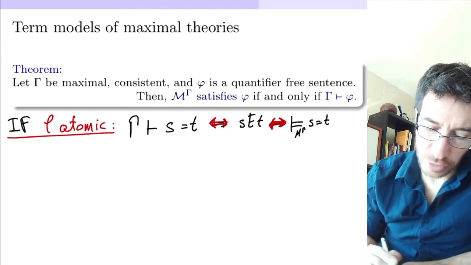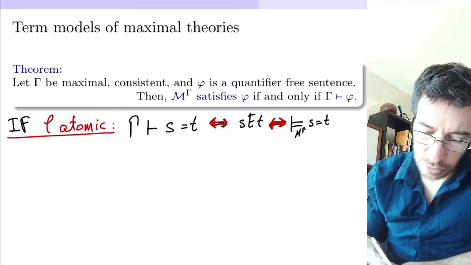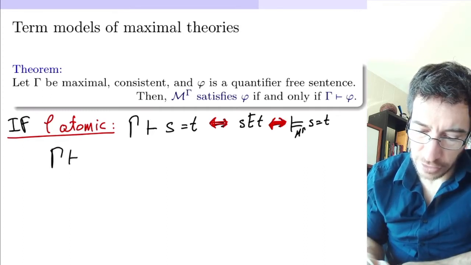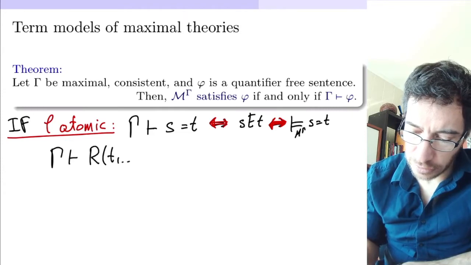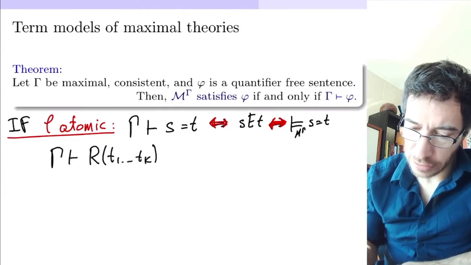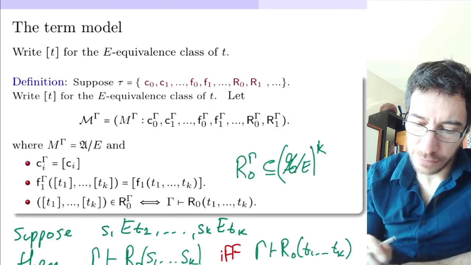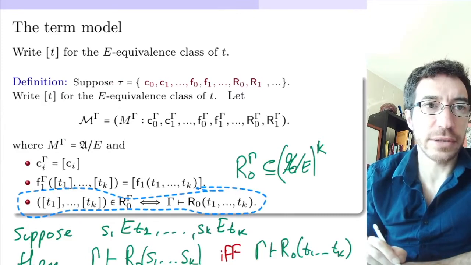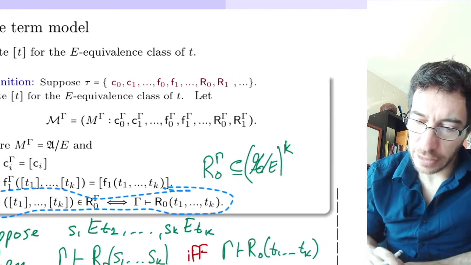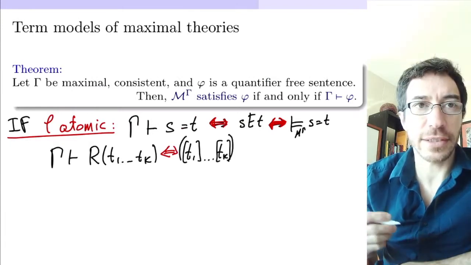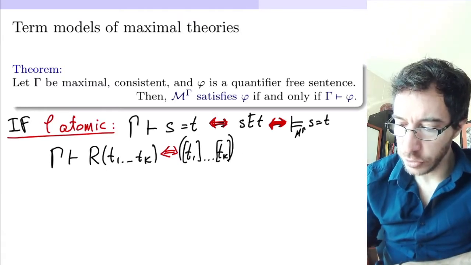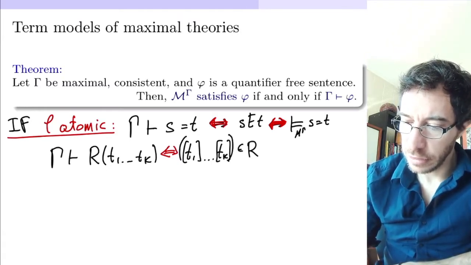For the relations, we have the same, right? So we know by definition in the last video that if gamma proves that R holds of terms T1, ..., Tk, we have it right here, we get that the terms corresponding to T1, ..., Tk, so these are the equivalence classes of these terms, belong to the interpretation of R in the model.